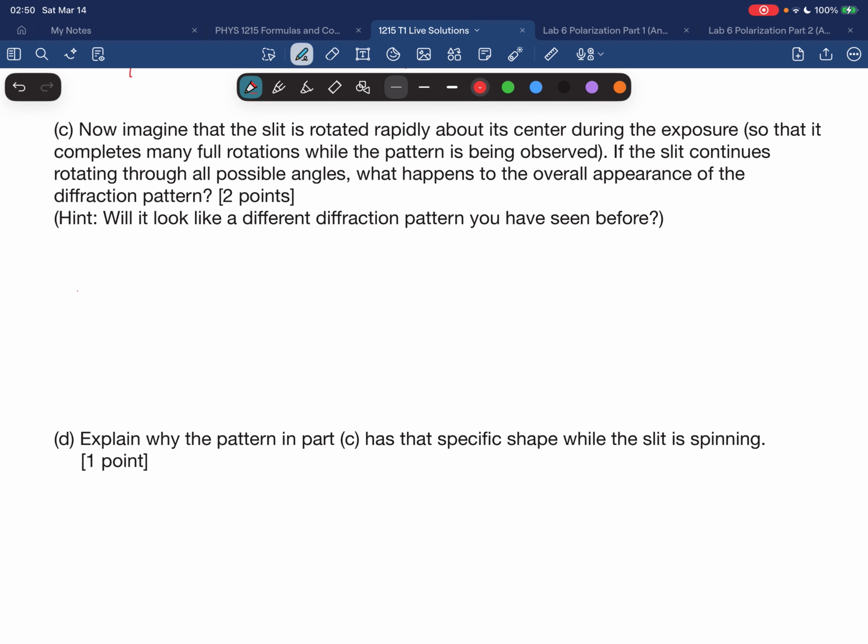Yes, because it is spinning, it will look like a pattern from a circular aperture.